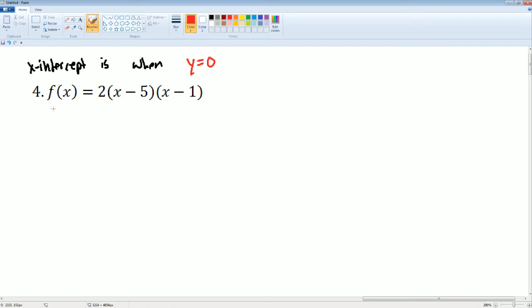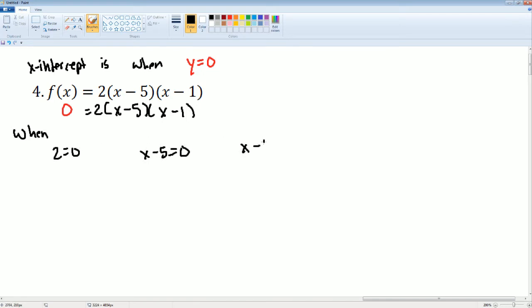So in this case, this becomes 0, equals 2 parentheses x minus 5, close the parentheses, x minus 1. This is when 2 equals 0, x minus 5 equals 0, and x minus 1 equals 0. This is the case where it just becomes 0. Add 5, we have x equals 5. Plus 1, x equals 1.